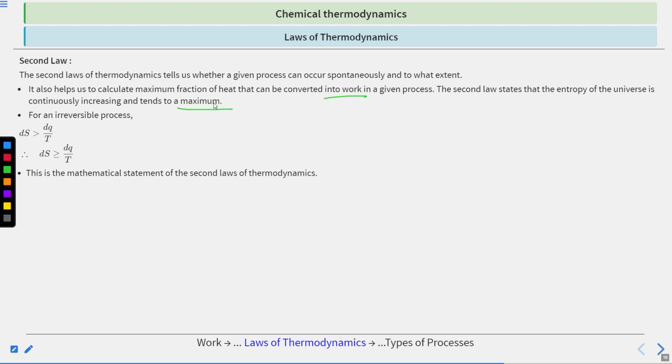For an irreversible process, dS is greater than dq by T, and we can also write dS is greater than or equal to dq by T. This is the mathematical statement of the second law of thermodynamics.